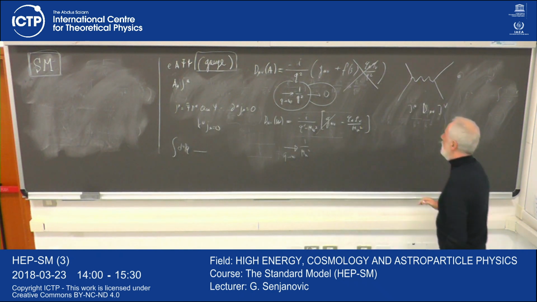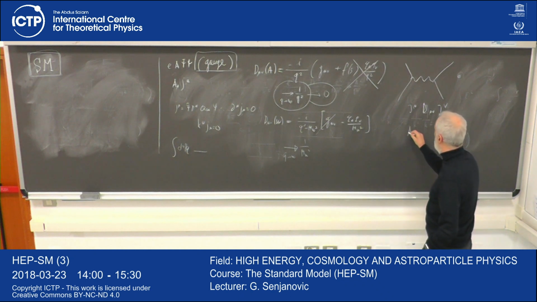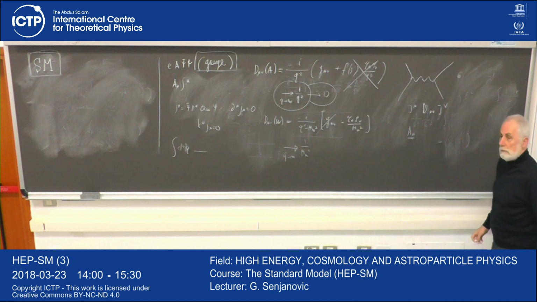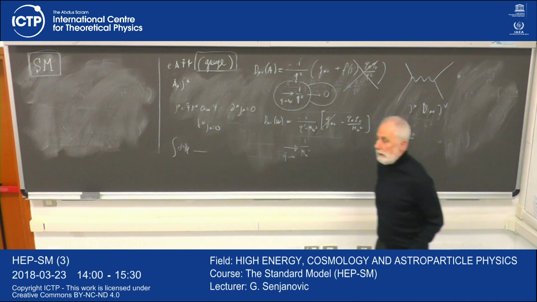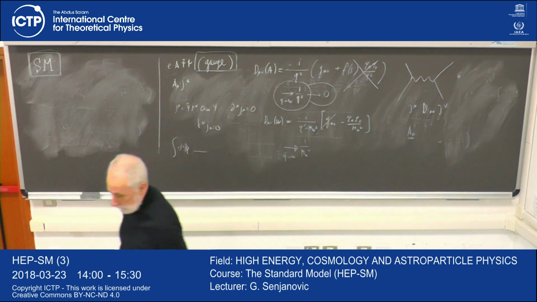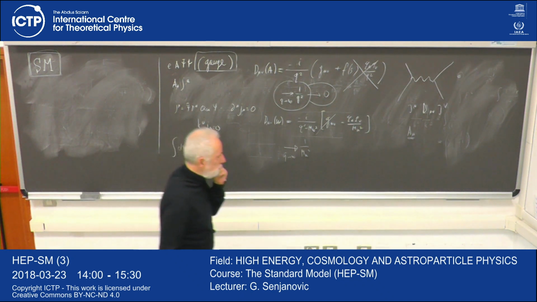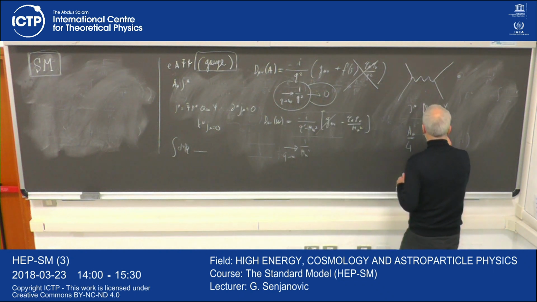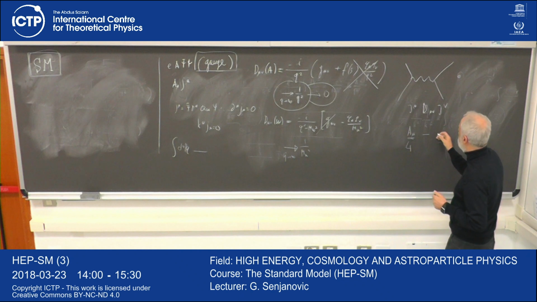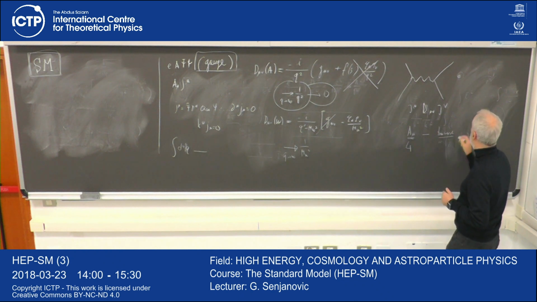So in the case of QED, I wanted to work with A mu in order to have a compact Lorentz notation which guarantees me Lorentz covariance and eventually invariance of the theory. So I've worked with 4 degrees of freedom, but the physical degrees of freedom are the transverse ones, right?